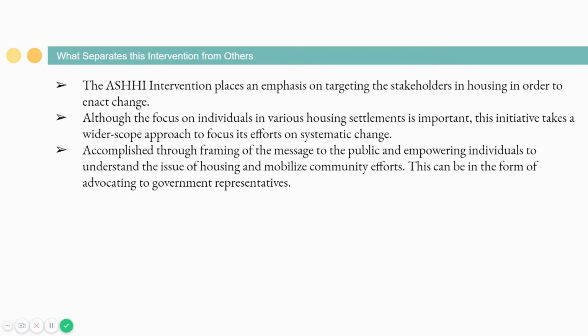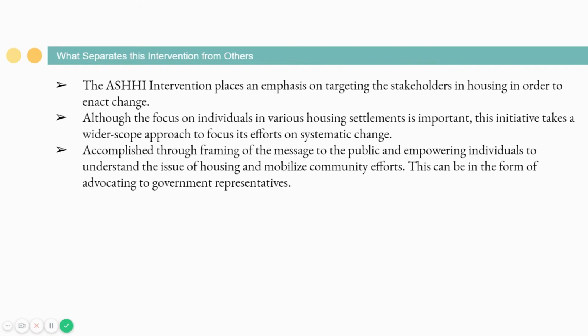What separates the ASHE intervention from other interventions focused on housing and migration is its emphasis on the stakeholders in the process as well as its focus on systematic change. This is accomplished through framing the message to the public and empowering individuals to understand what the actual problem is faced by those living in inadequate housing conditions and how this relates back to the social determinants of health and poor health outcomes.